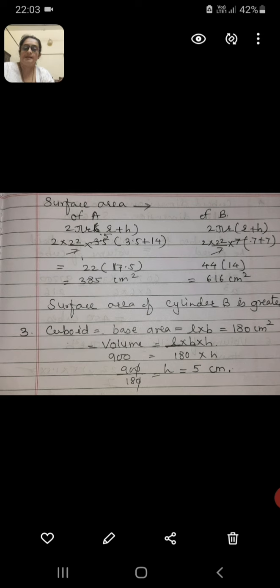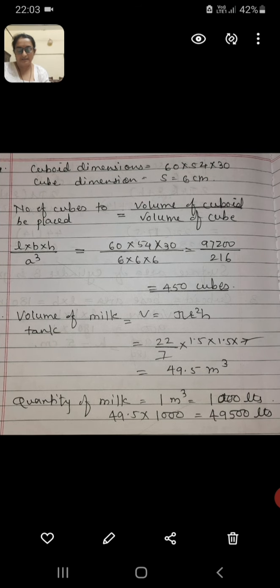So base area is L into B. If you replace L into B with 180, we'll get the H value, that is the height of that cuboid, as 5 centimeter.